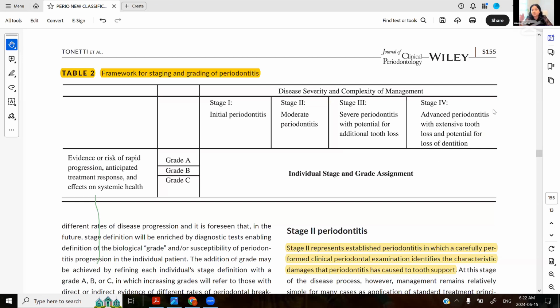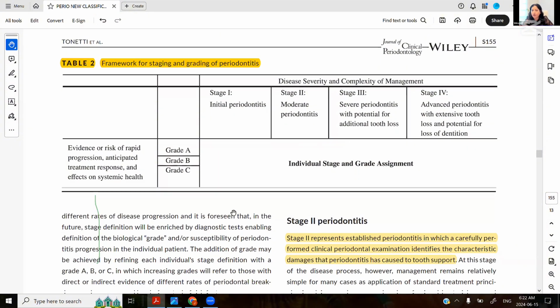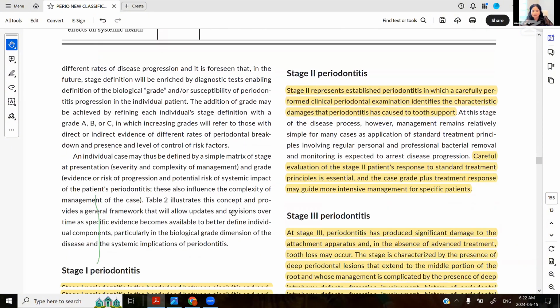So in progression, stage 1 is initial, stage 2 is moderate, stage 3 is severe but with potential for more tooth loss, and stage 4 is advanced, the teeth have already been lost, and there can be danger to the entire dentition if not controlled. And then how rapidly it's progressing is your grade A, B, and C. So far, so good. Everyone's with me, hooked on, and curious to know how we now classify.